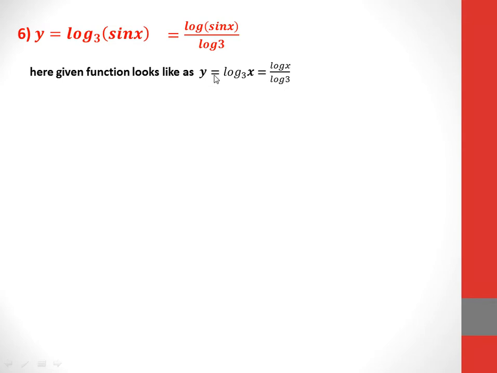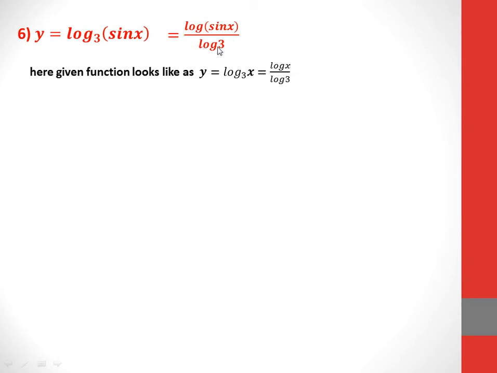Now here the base is 3 given to you, then by the change of base rule of logarithm, this can be written as log of sin x upon log 3. Okay, and here we consider the base by default as e. Log 3 is constant, log of sin x upon log 3. Now this function looks like y is equal to log x to the base 3.